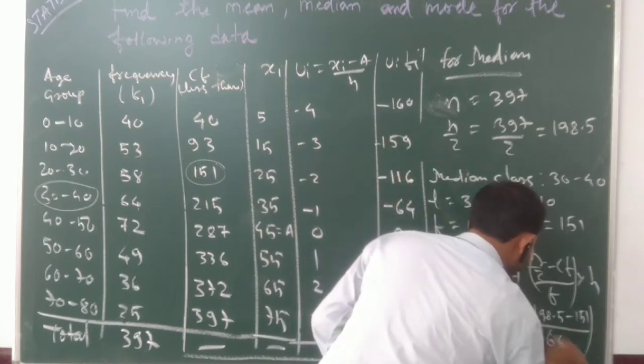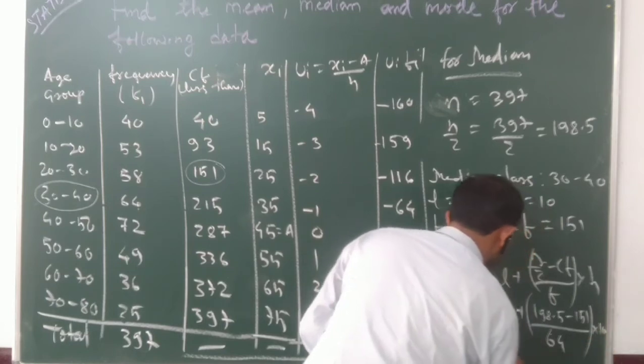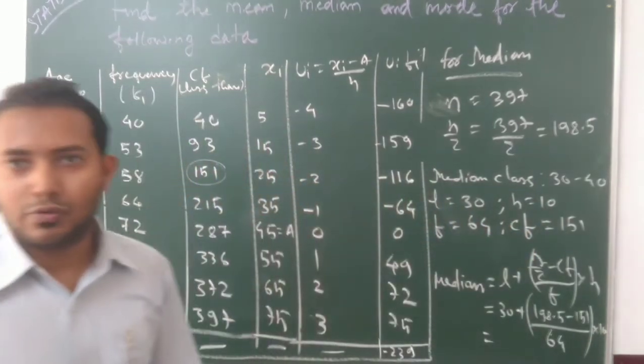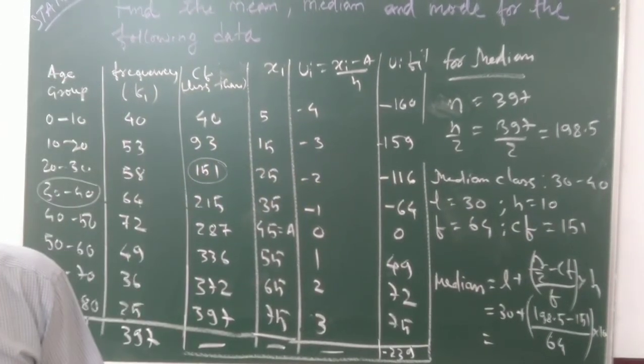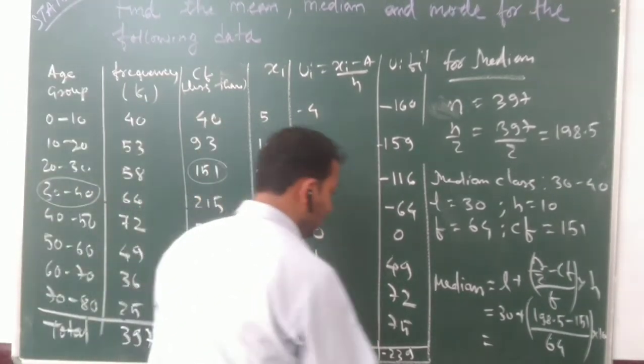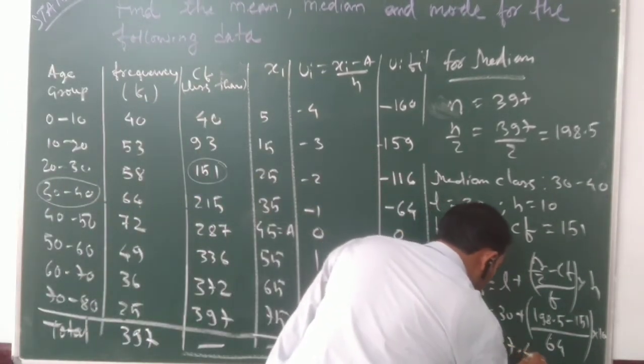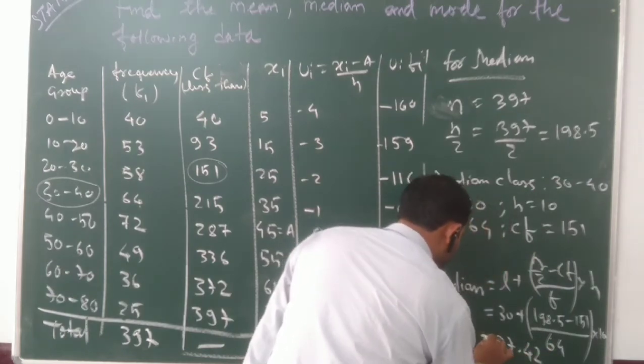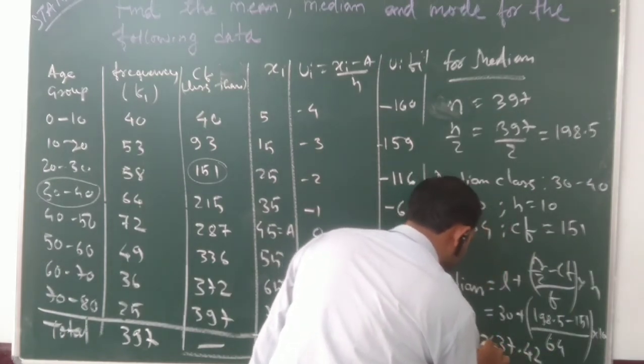64 into 10. After solving, you will get an approximate value, and the approximate value for the median is 30 plus 7.42, total is 37.42. Approximate, remember, not exact.